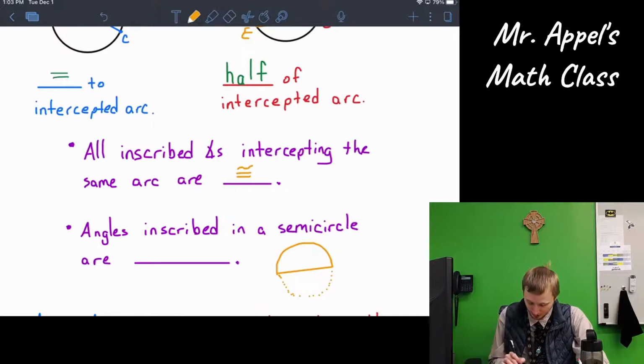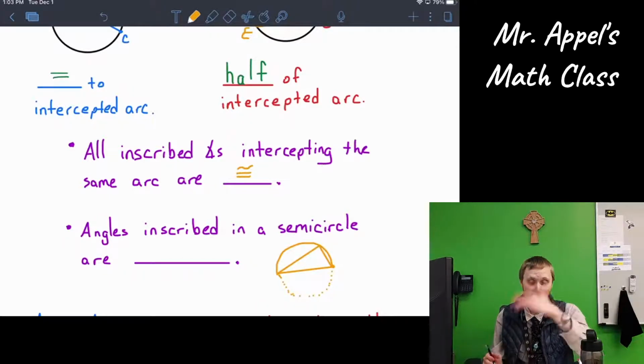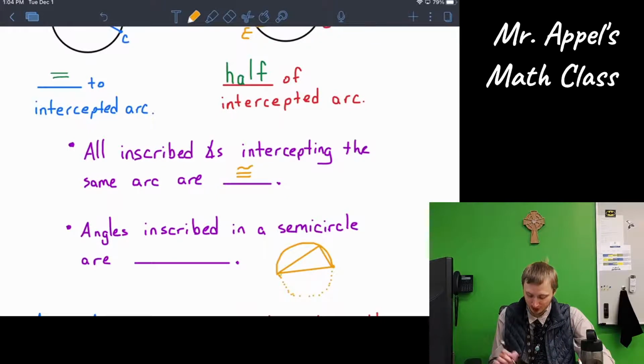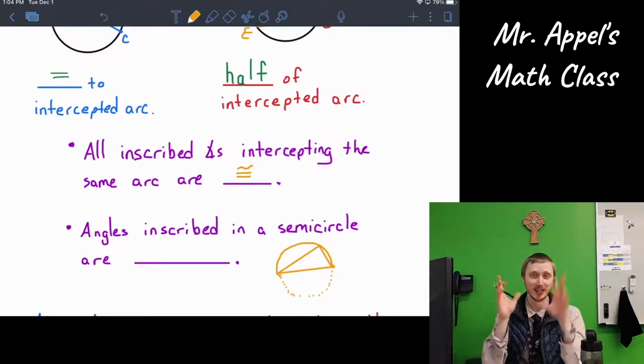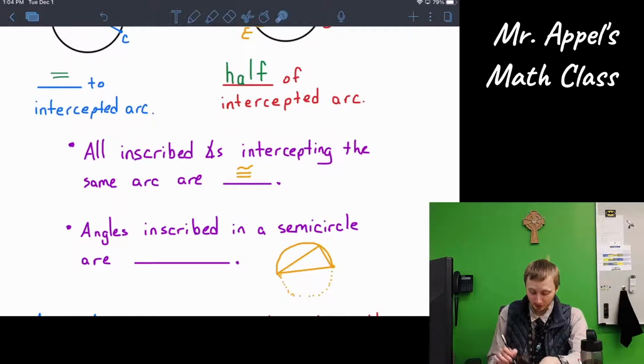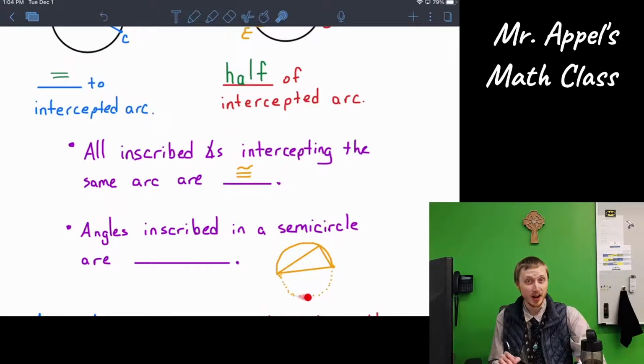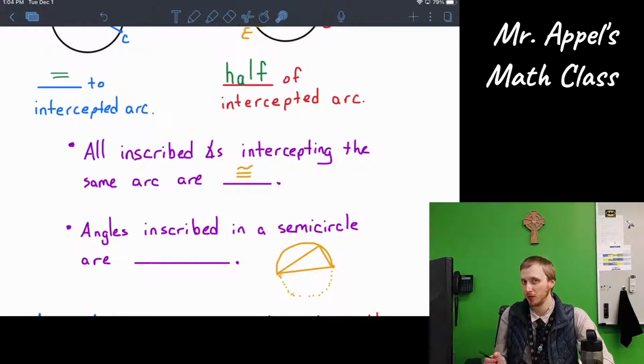But only on half the circle. So the end points of our inscribed angle is something like that. And no matter where I draw this, those endpoints are going to be there. And thus you can imagine the intercepted arc of this inscribed angle is actually the other half of the circle.